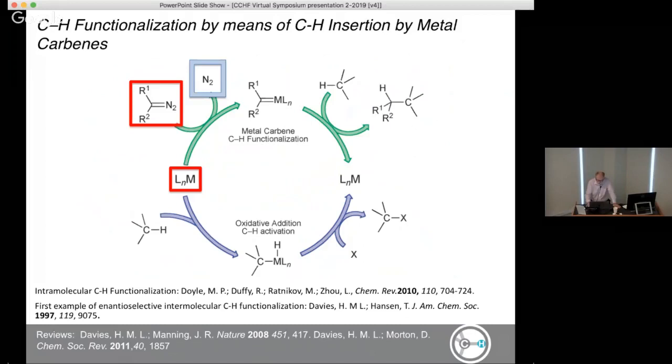The way we're going to control the intermolecular reaction is to use an appropriate carbene source that will be sufficiently reactive but also have the capacity to be selective in this CH functionalization, and then to control that selectivity by modifying the nature of the ligands around the metal itself.